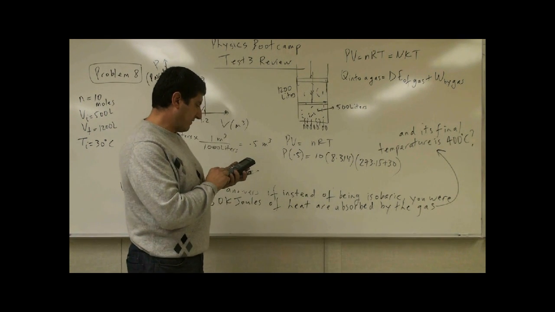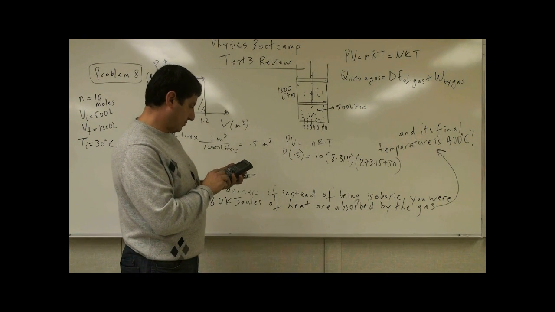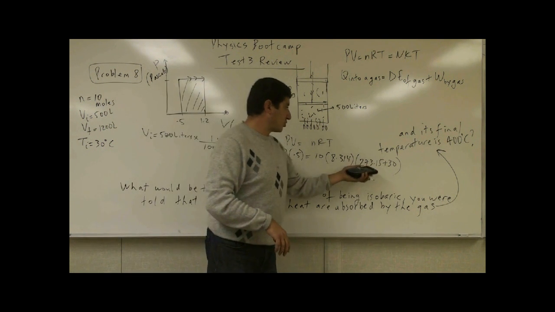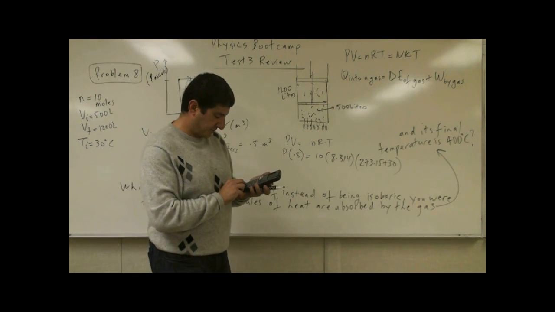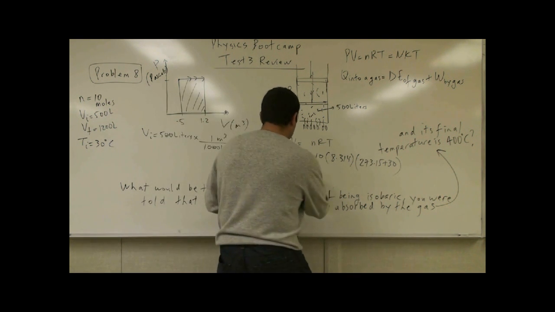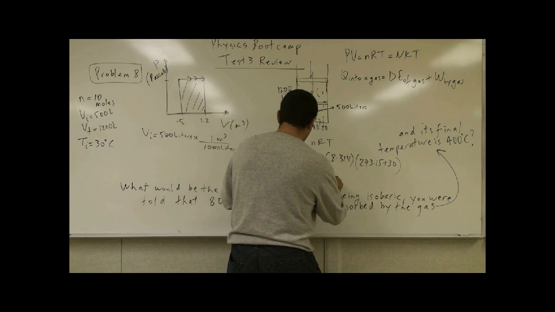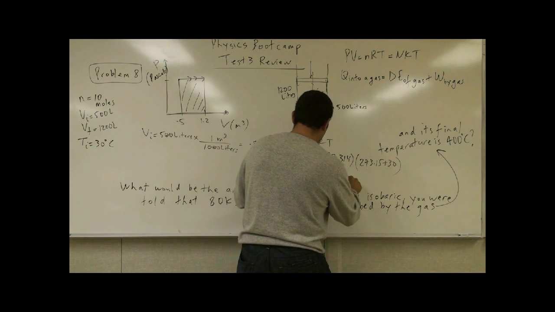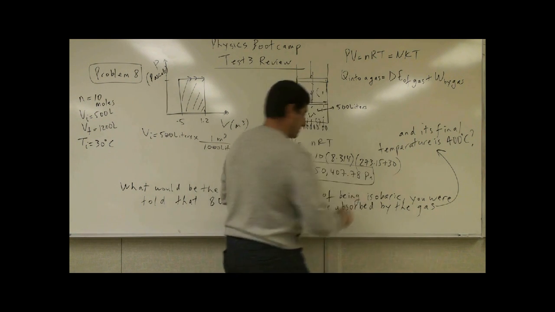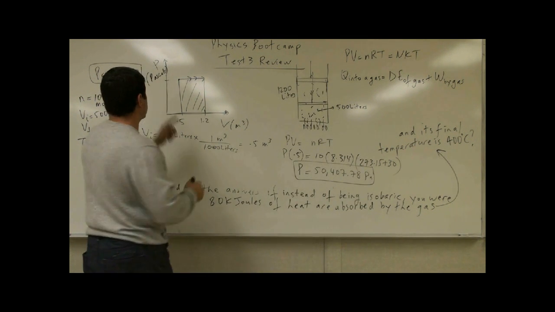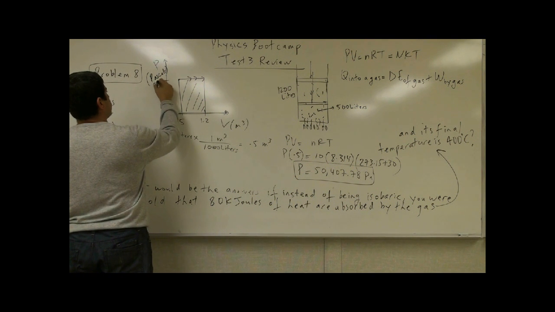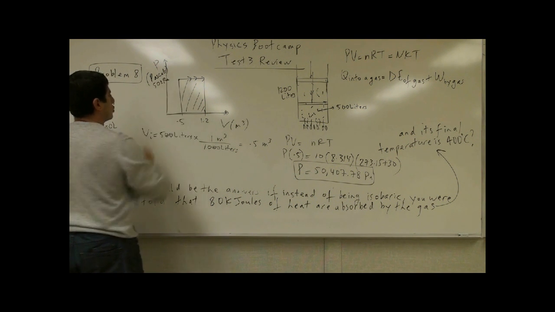So let's see what that gives us. 10 divided by a half, that's 20, times 8.314, times 30 plus 273, that's 303.15. That gives us 50,407.78 pascals. That is the answer in terms of the pressure. So that would be over here 50,000. So we could say 50 kilopascal just for short.